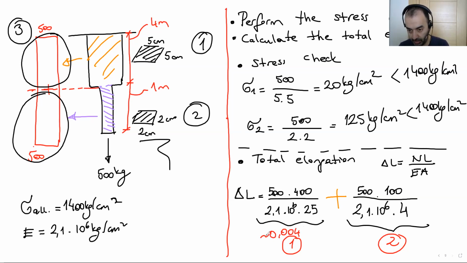And the second part, 500 times times 4. Here is 0.006. These are in centimeter. So total is 0.01 centimeter.